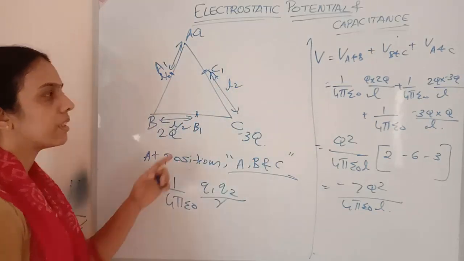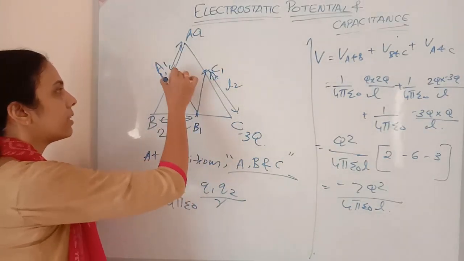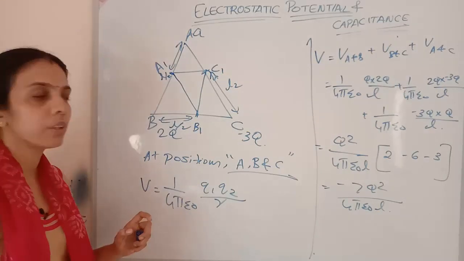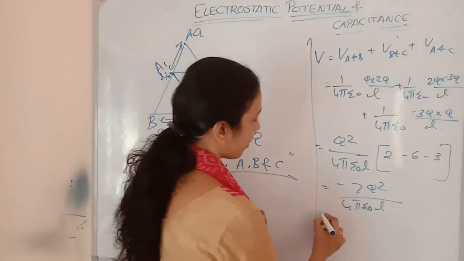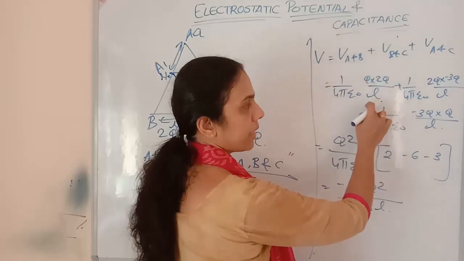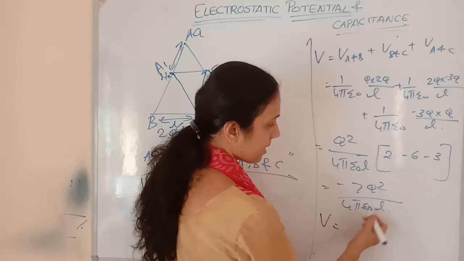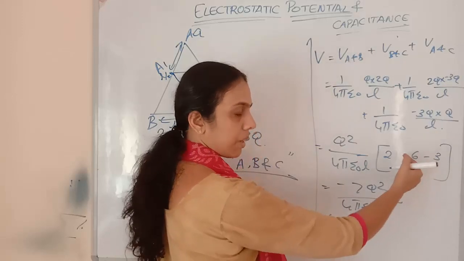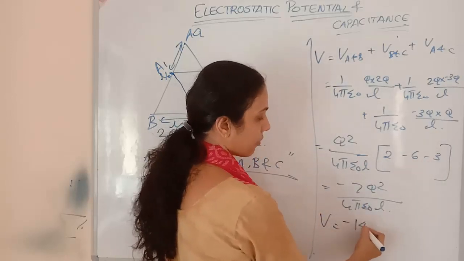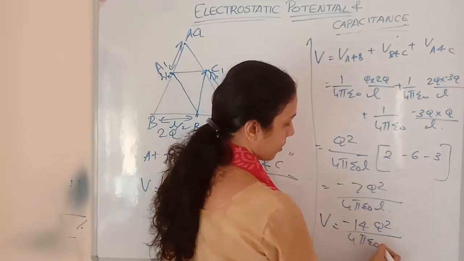So here U is equal to 1 by 4 pi epsilon 0 Q divided by L by 2, L by 2, L by 2. Instead of L we have L by 2, so we will get -14 Q square divided by 4 pi epsilon 0 L.